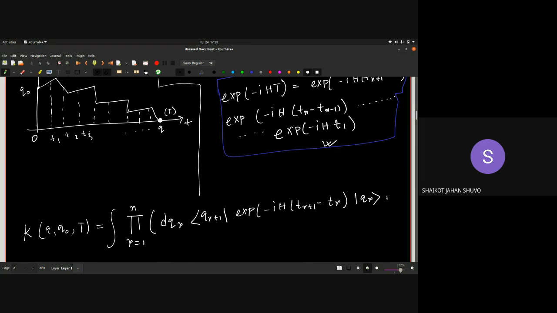And notice the product symbol over there. So there are r equals 1 to n, right? In between, you just put different indices for r, and all of them are just multiplied with each other. They're stacked against each other. And then finally, the last quantity, q1 exp of negative I h t1 q0, like this.